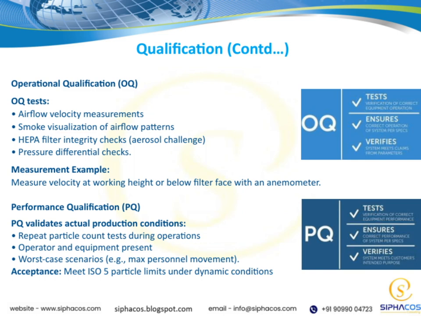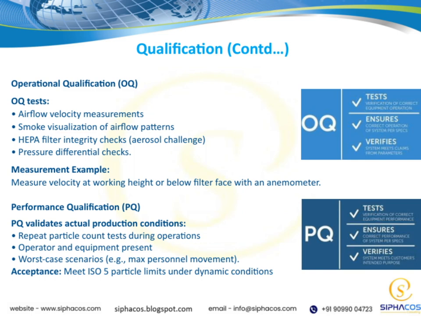Moving on to performance qualification, or PQ, this stage is all about validating that the system performs under real production conditions. We repeat particle count tests during actual operation to make sure the environment stays within the ISO 5 particle limits even when the system is in use. It's important that operators and equipment are present during these tests, as they reflect typical working conditions.